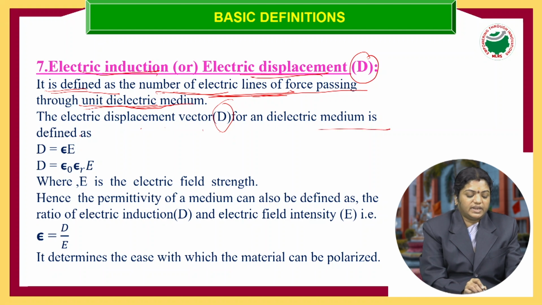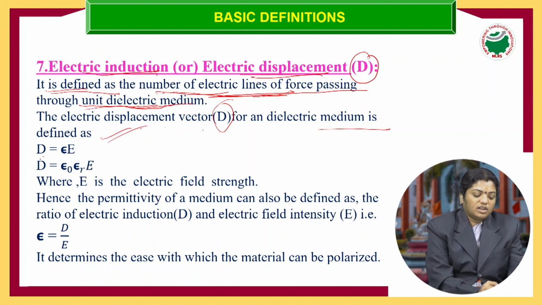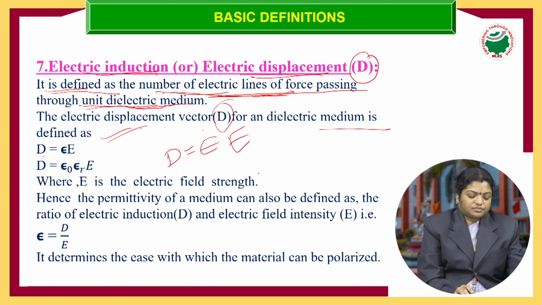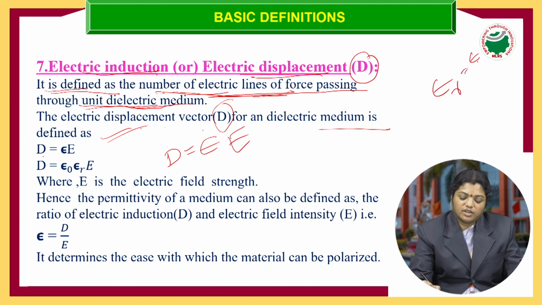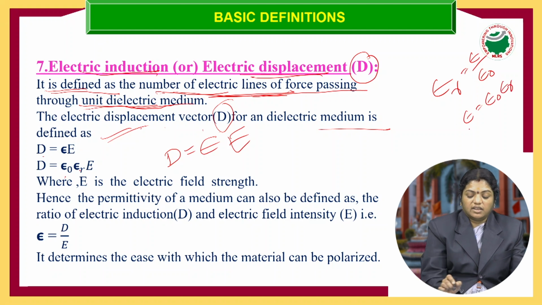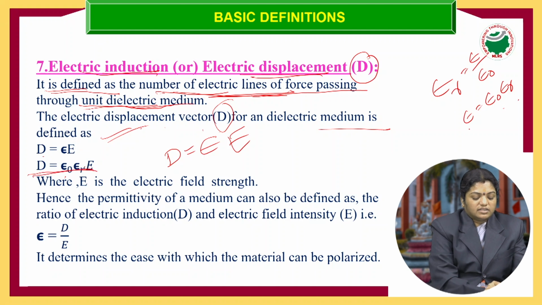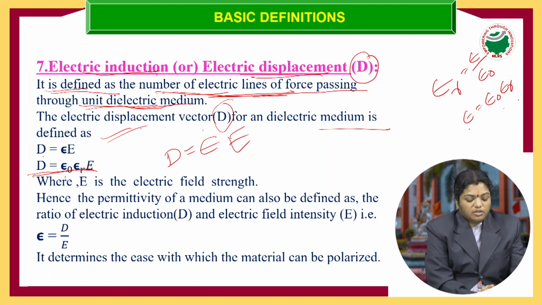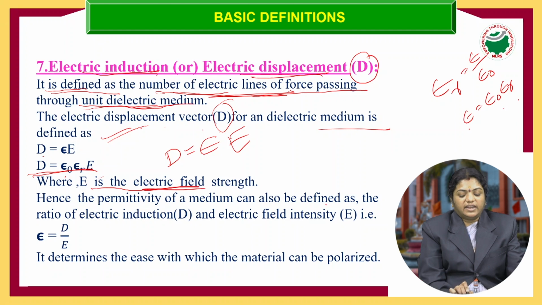For a dielectric medium, the displacement D is equal to epsilon into E. Here in the epsilon place, we have already discussed, right? Epsilon r is equal to epsilon by epsilon naught, so epsilon is equal to epsilon naught into epsilon r. Then electric displacement D is equal to epsilon naught into epsilon r into E, where E is the electric field strength.